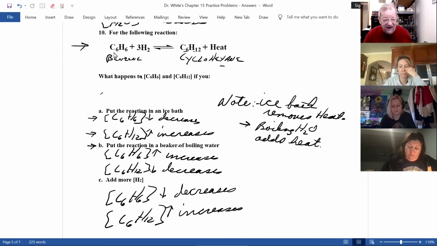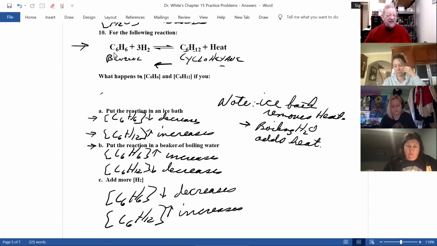Now you've added heat, and the equilibrium says, oh no, I have too much heat. I'm under stress. I got to get rid of some of this excess heat. How does it do that? The heat reacts with C6H12, cyclohexane, to make benzene and hydrogen.